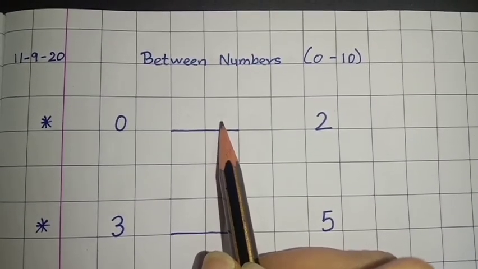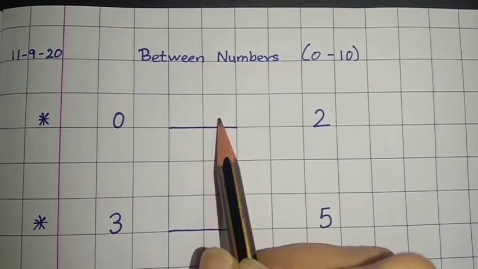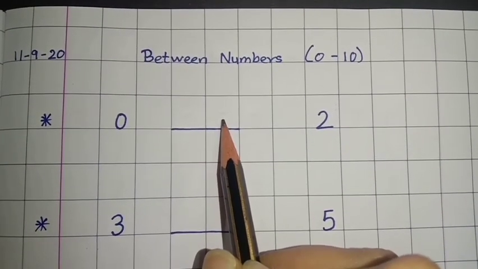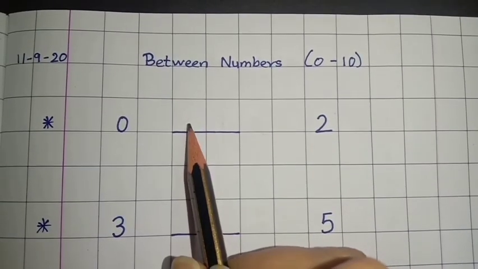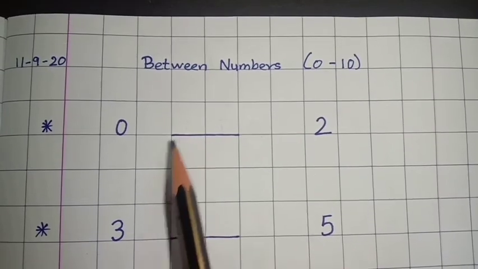So whenever there is a single digit number, we will write in the second box and we will put a dot in the first box. So let's start.